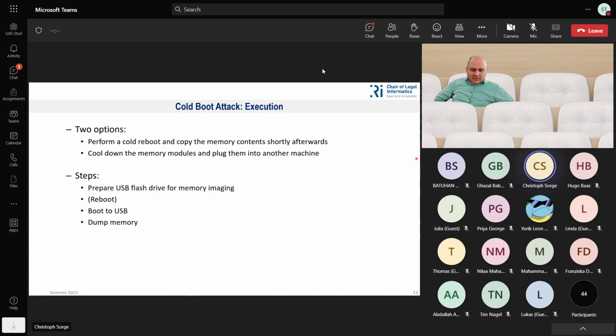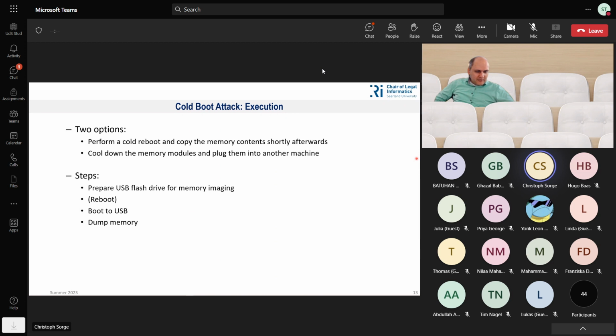And even under the best of circumstances, you will not be able to read all the data from the main memory. Why not? What happens if you boot an operating system? The operating system might override parts of the memory.